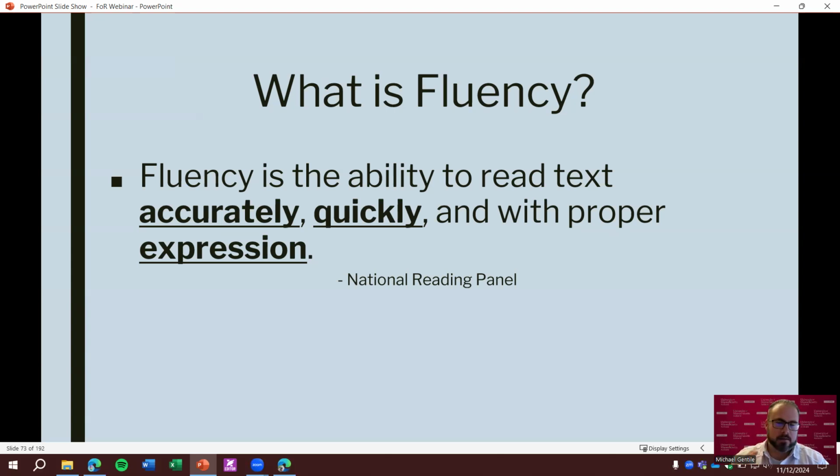We picked that up mostly by modeling, by hearing what good speech sounds like, and then mimicking that back. But students that struggle with it can be taught that expression explicitly, as you'll see in a second. So that's it, the combination of accuracy, pace, and expression.